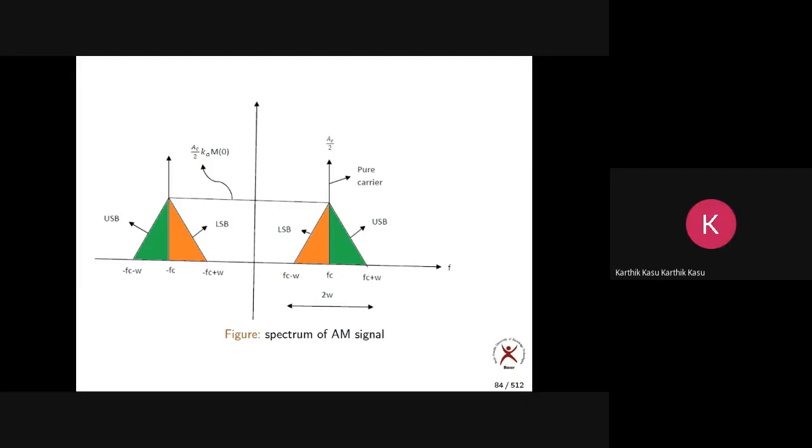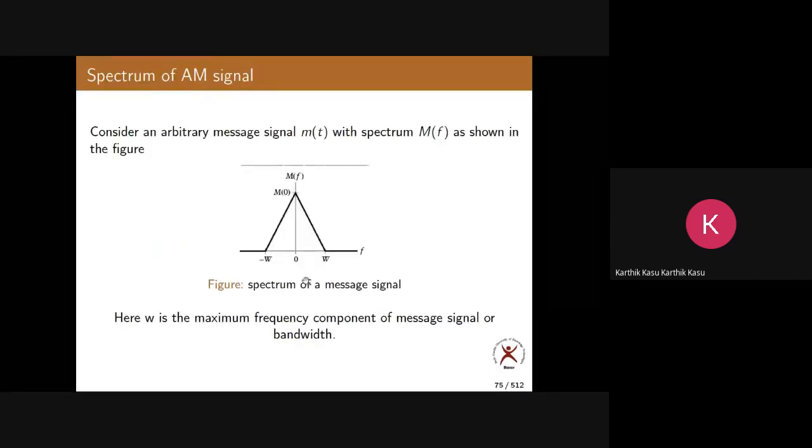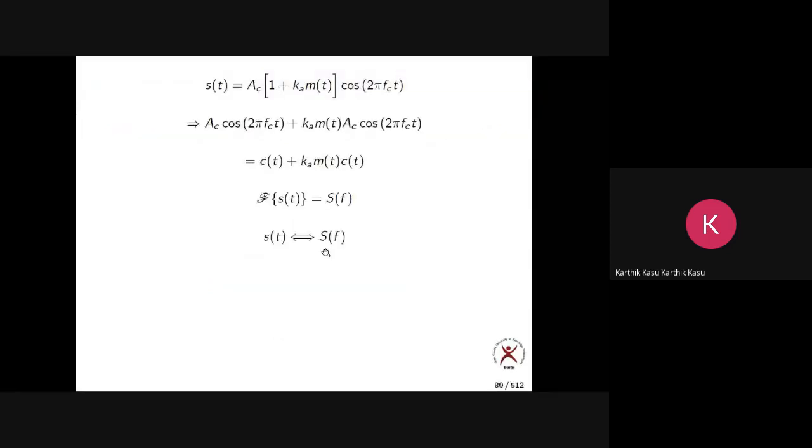Now, this is the spectrum of the AM signal. Please remember this. And one more thing: it is not the unique spectrum. This spectrum is valid if and only if this is the spectrum of the message signal. If the message spectrum is a triangle, this is the spectrum of the modulated signal.